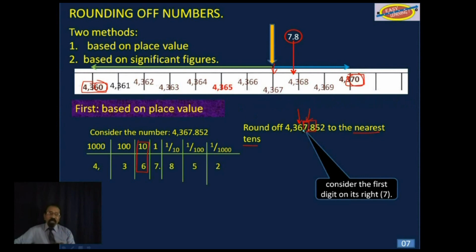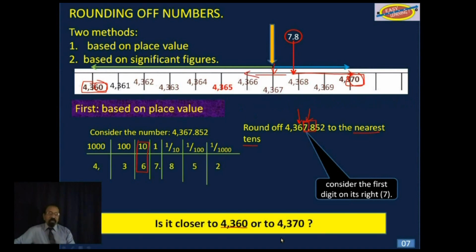But if we take 7, 8, we notice that we are even a little closer to this side than the other side, 4,360 or 4,370. And of course the answer is 4,370. So that is what we mean by rounding off.